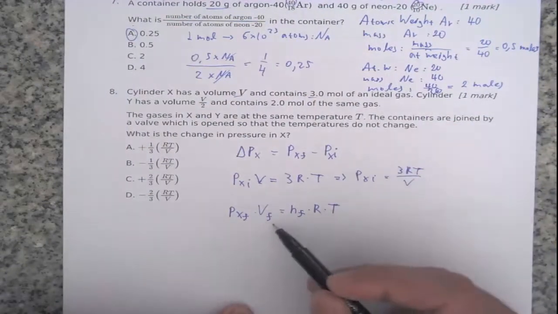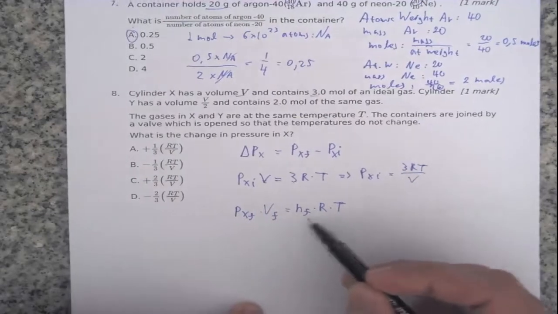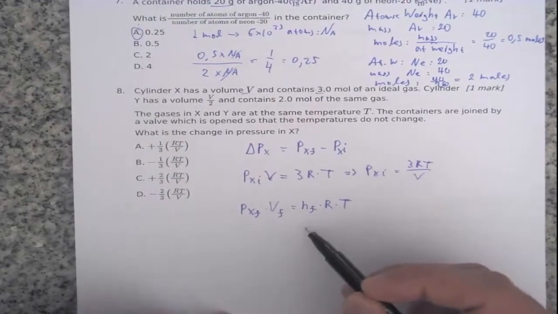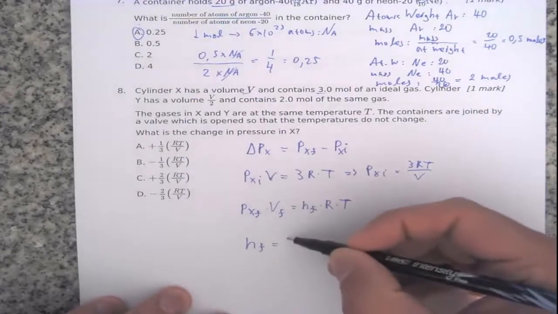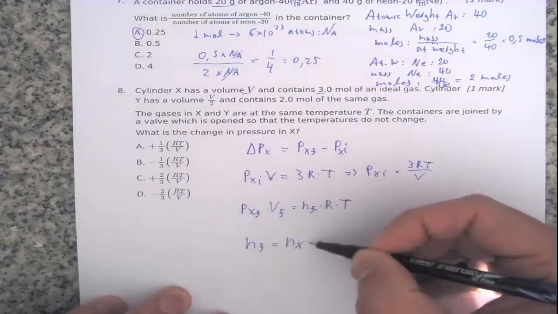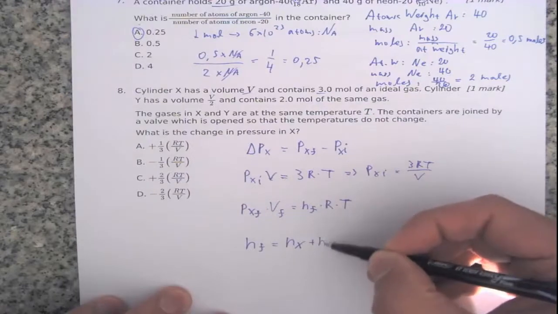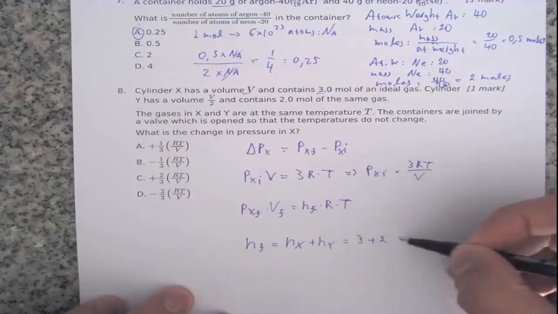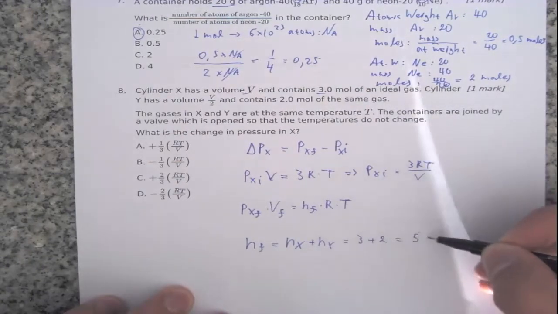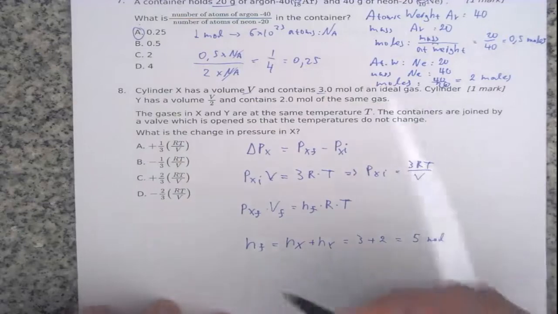Now we need to find the final volume and also the final amount of substance. For n, it's going to be the combination of the two different gases, the addition of those moles. So you have 3 plus 2, so you have 5 moles, the final.